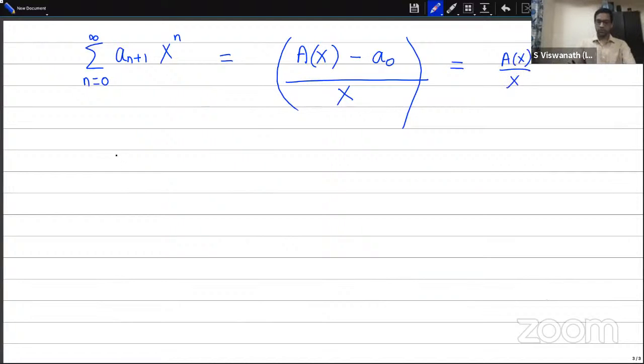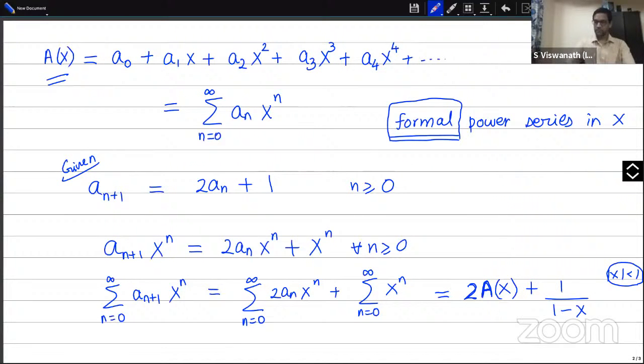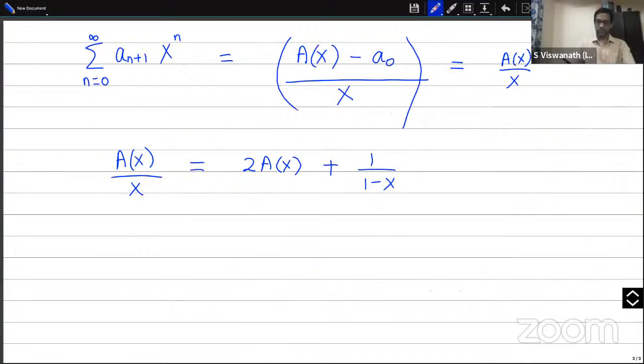Okay, wonderful. So now the original recurrence relation, when re-expressed in terms of this a of x, becomes the following equation. So a of x by x, that's the left-hand side, is 2a of x plus 1 over 1 minus x. Okay, so I've got all my terms. Now let's solve for a of x from here. So it says a of x into 1 by x minus 2 is 1 over 1 minus x.